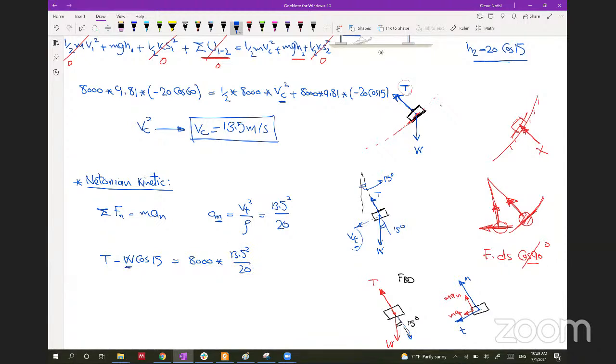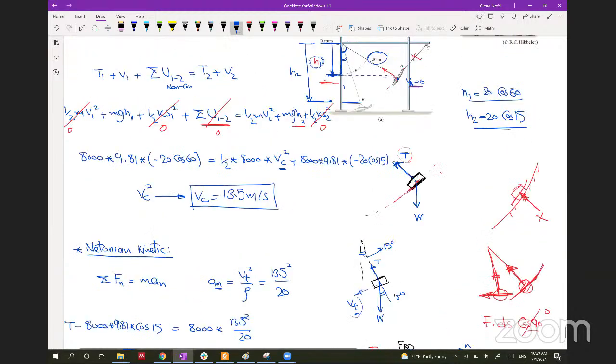So let's write the weight directly. So the weight is equal to 8,000 multiplied by 9.81 multiplied by cosine 15. So this will give you that the T, the tension in the cable, is equal to 149 Newton.